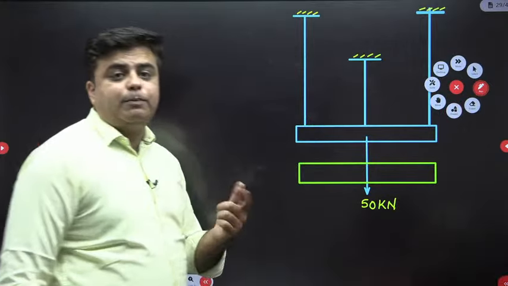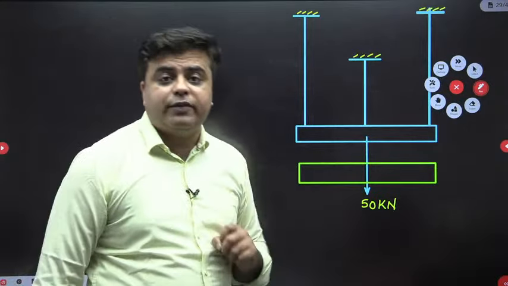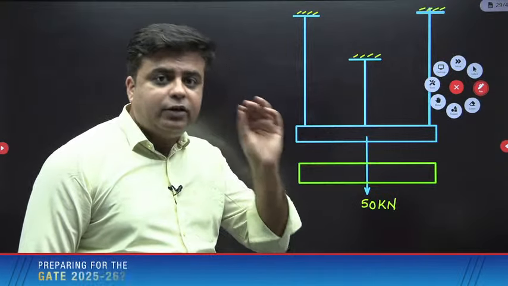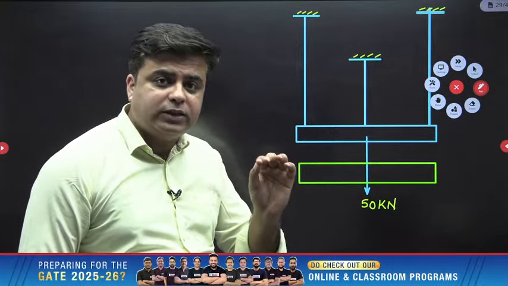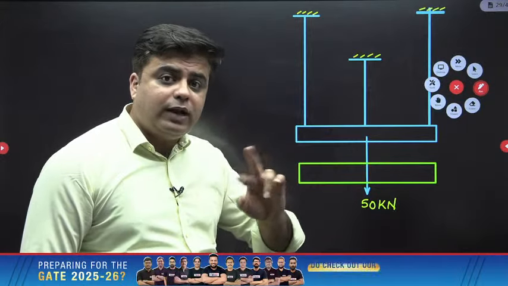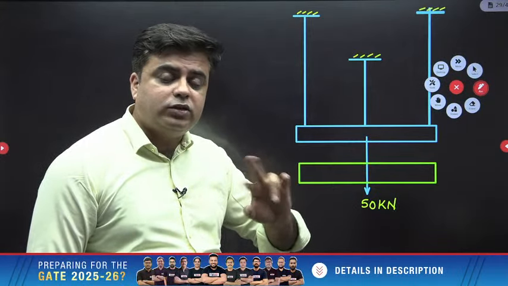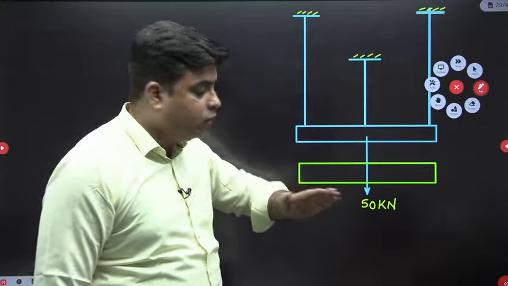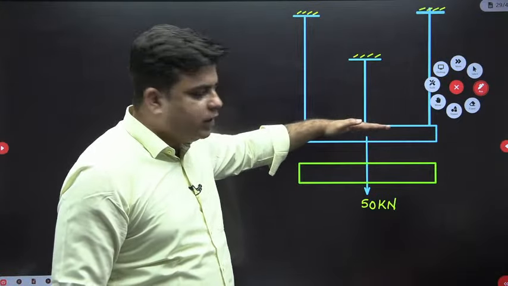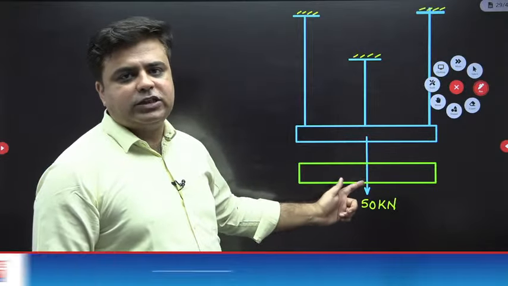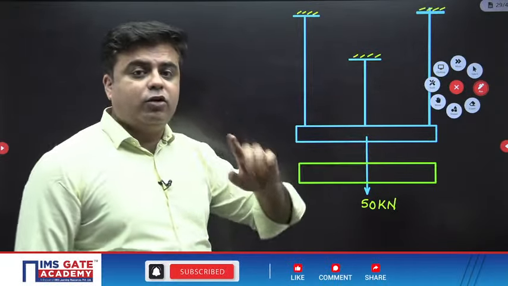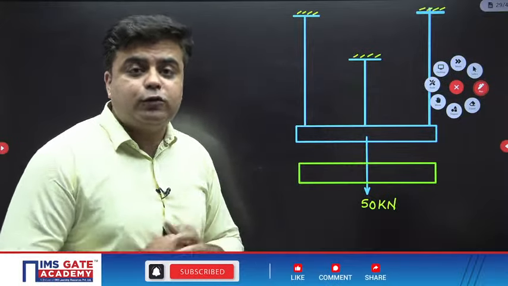From this final picture of the platform, what you are observing, observation is very important. If you are very keen in observing the diagrams and the performance of the diagrams, eventually you will land in the solutions very quickly. You just check how my mind is functioning right now. The platform which is horizontal initially, after application of load, it will deform by a certain amount, but it will be again horizontal. So what is my observation here?